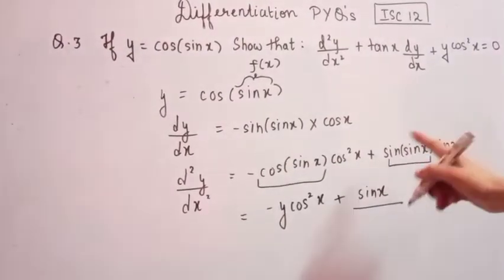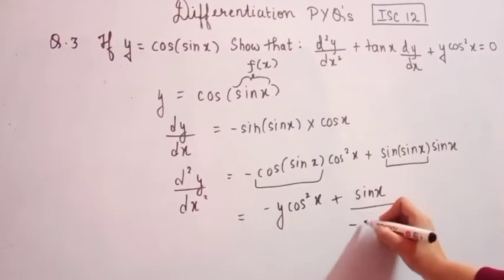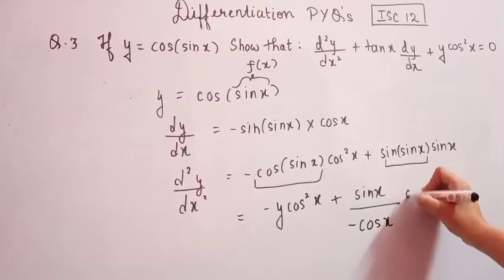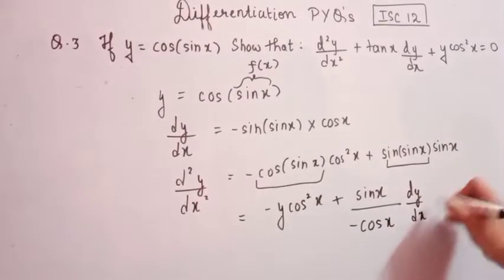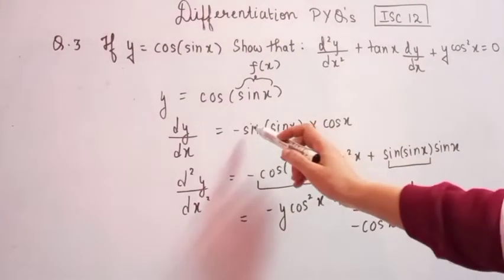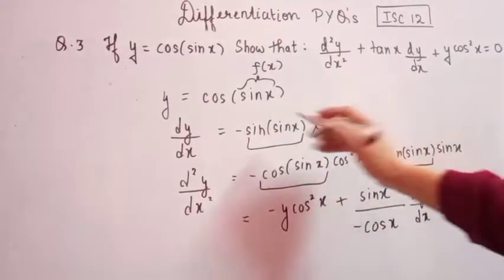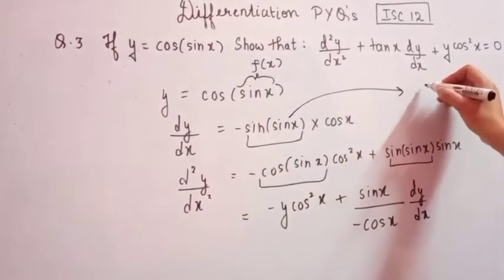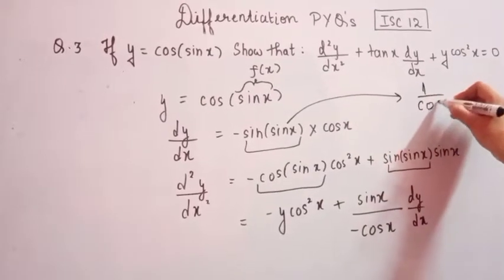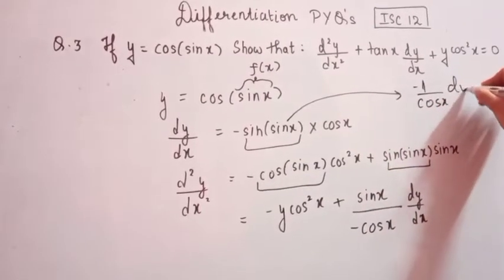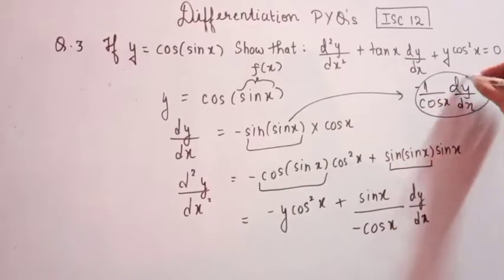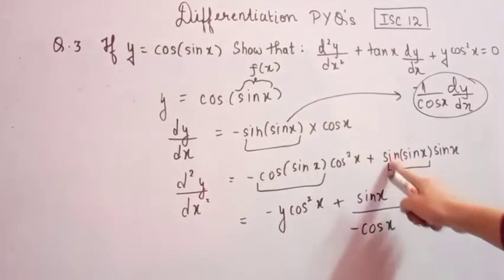Okay, so I'll be substituting the same here also. This becomes minus cos x and dy by dx. You got it right? You have to take out sine of sin x from here and then substitute the same here. I got 1 by cos x dy by dx. So I substituted this here.